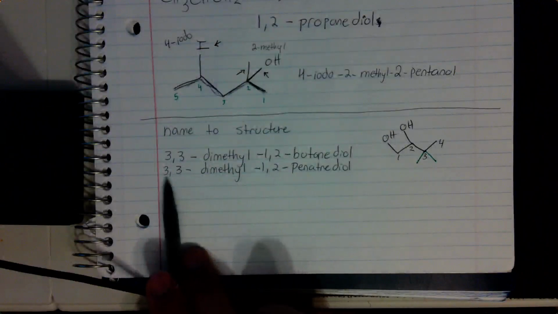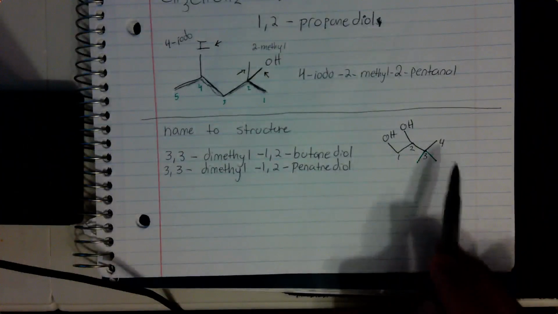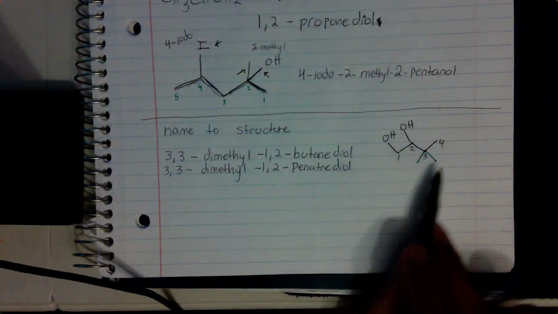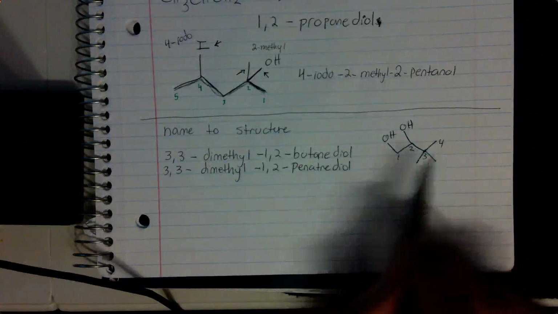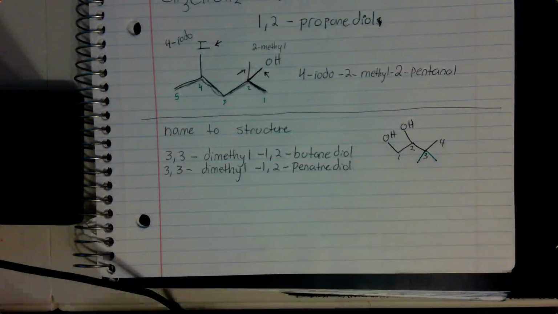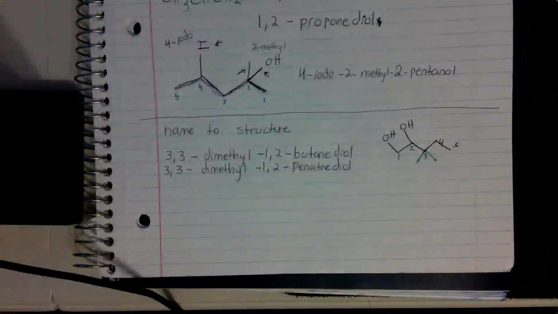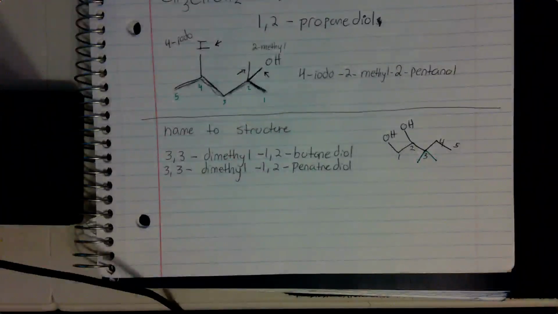If you wanted this compound on the bottom, it would be as simple as making this a 5-membered chain. So this right here is the one on top. If you wanted the one on bottom, you simply just need to add an additional carbon. So we've answered those two.